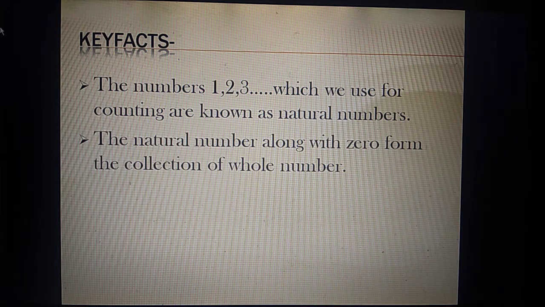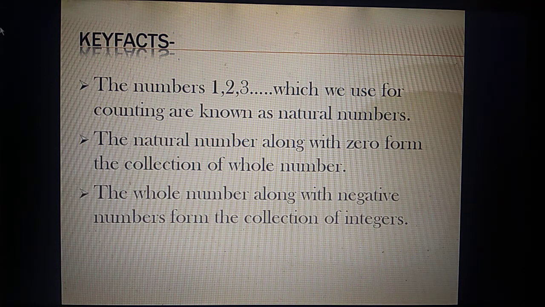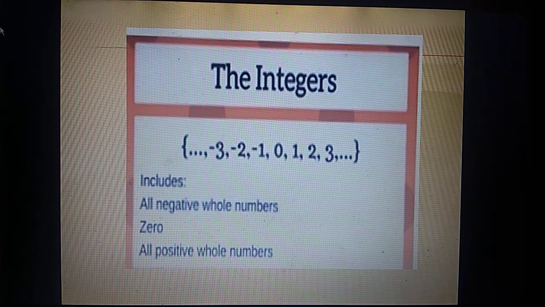The natural numbers along with 0 form the collection of whole numbers. The whole numbers along with negative numbers form the collection of integers. Finally, the integer list will include all negative whole numbers, 0 and all positive whole numbers.